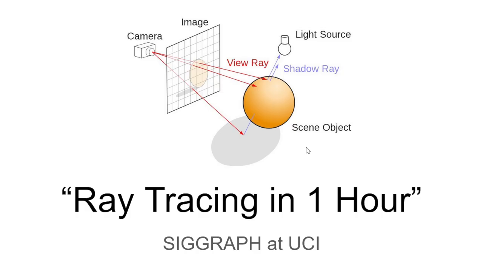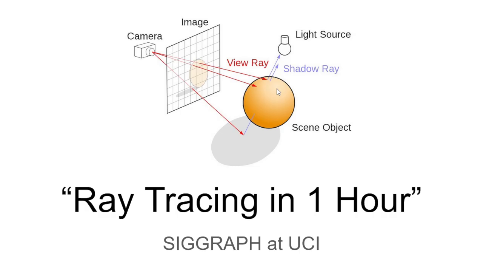The reason for doing this instead of going from the light source to the object into the camera is that not every ray from a light source goes into the camera, and so that'd be a lot of wasted computation. But that's kind of just filler.